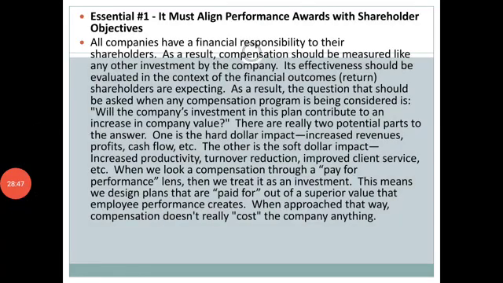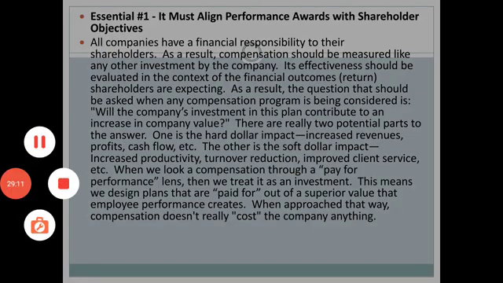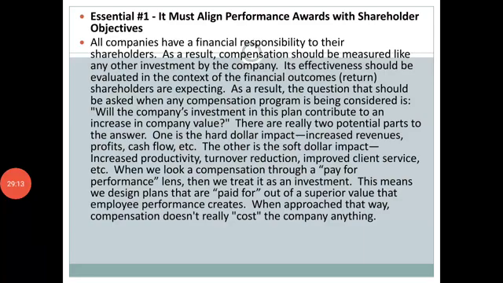So there are some essential things which are considered in pay for performance. The first essential thing is it must align performance awards with shareholders' objectives. What does it mean? All companies have a financial responsibility to their shareholders.